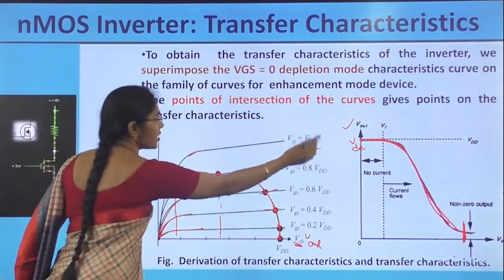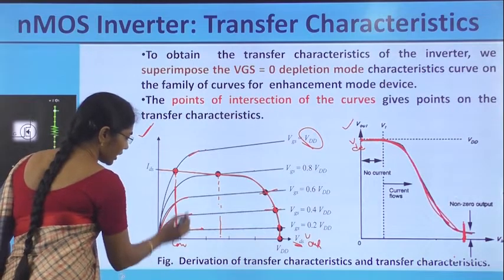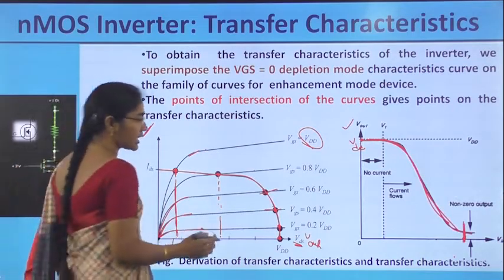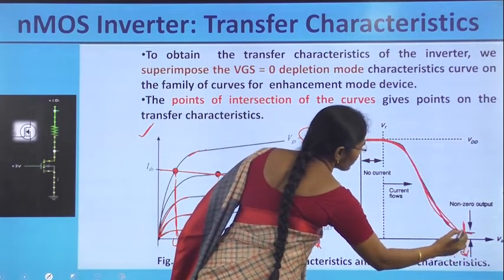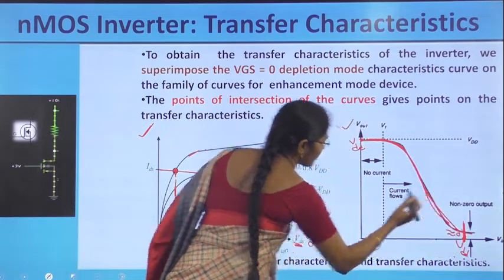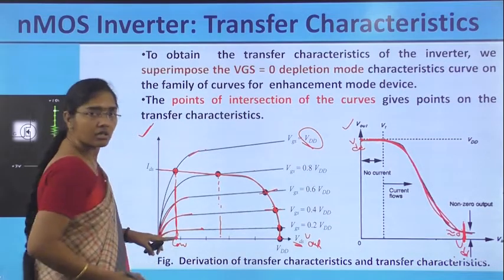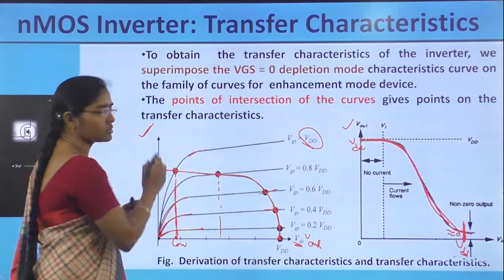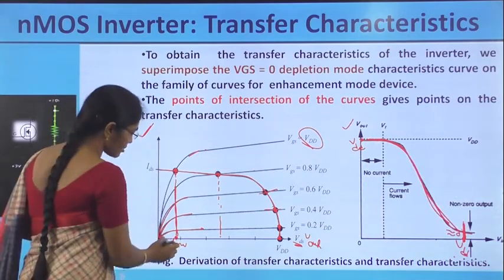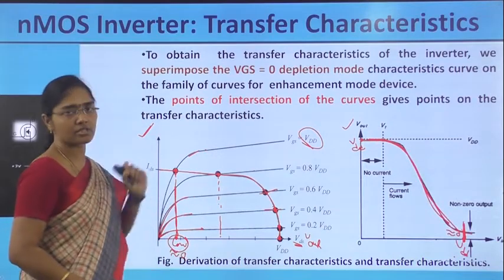VDD is the input value, whereas the output is a low value. When the input is equal to VDD, the output is approximately equal to 0. It is not exactly 0, it is approximately 0.